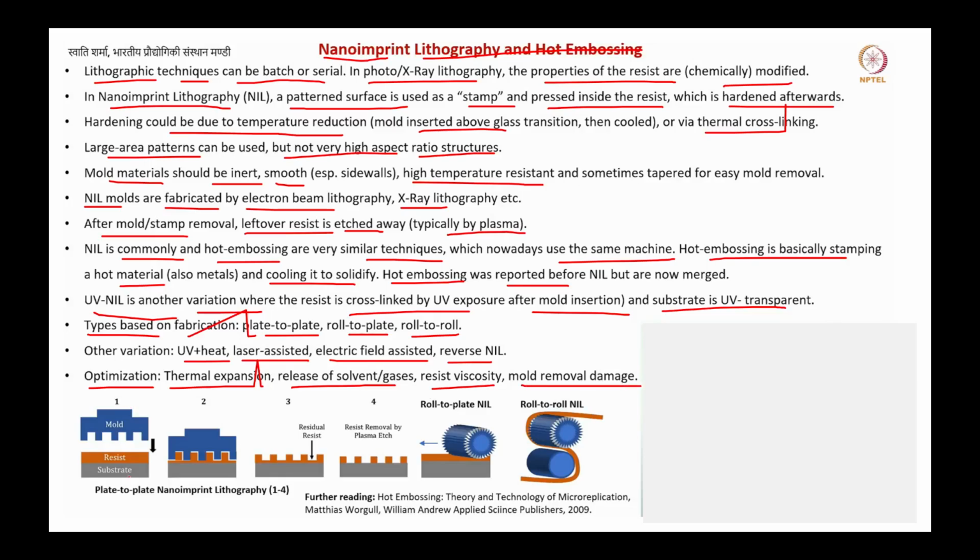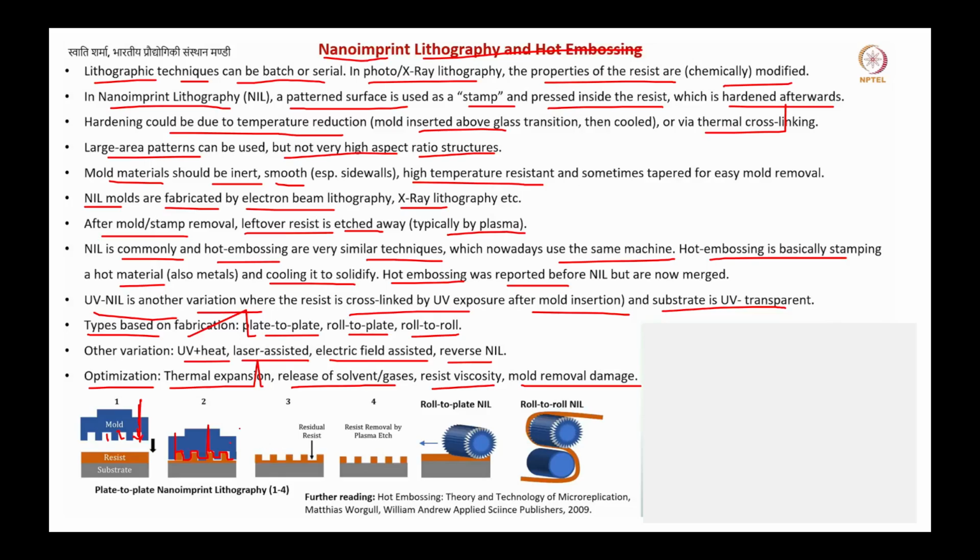So here you can see plate to plate nanoimprint lithography, steps 1 to 4. This will be your substrate and this is your resist. As I have discussed, there will be the mold and a stamp, and this will be pressed inside your resist. It is mechanically forced inside, and this will make a pattern where the places are empty.